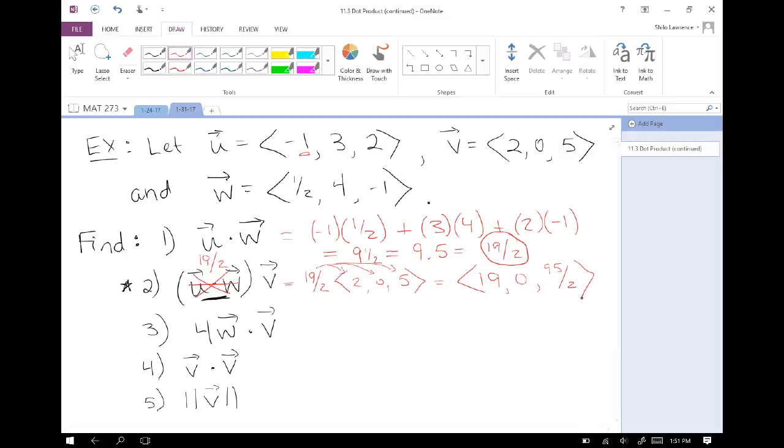In number 2, I kept it exactly in the order that it gave me, but we could have really done u dotted with v dot w. Those dot products, they're associative and commutative, so we could have done those 3 vectors in any order, and we should have gotten the same thing.